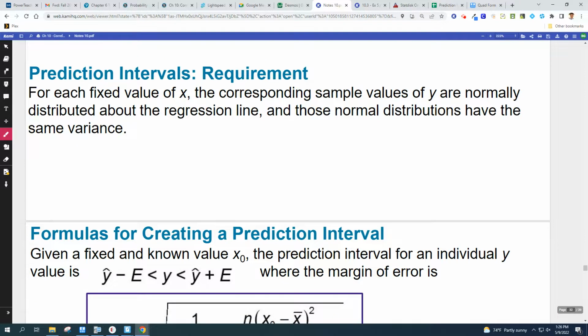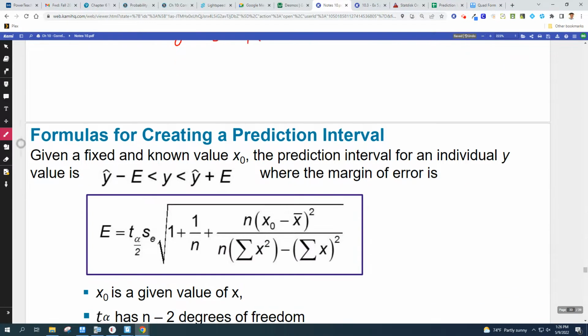Requirement: for each fixed value of x, the corresponding sample values of y are normally distributed about the regression line, and those normal distributions have the same variance. So remember, anytime we're talking about a regression line, we're talking about y hat, basically the slope-intercept form of the equation.